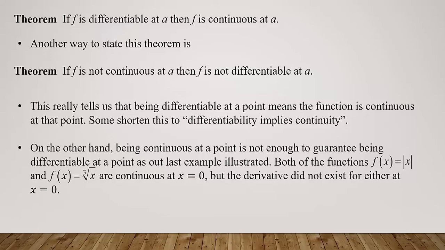Our last example illustrated this. Both of the functions, absolute value of x and the cube root of x, were continuous at x equals 0. But the derivative did not exist for either one of them at x equals 0.